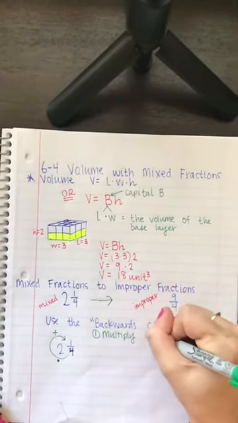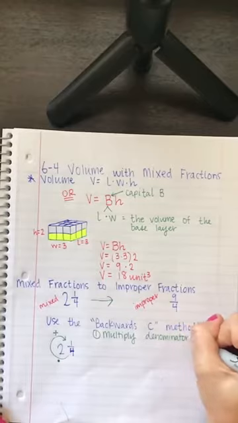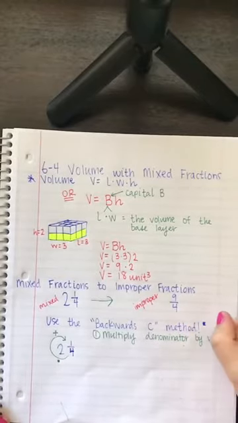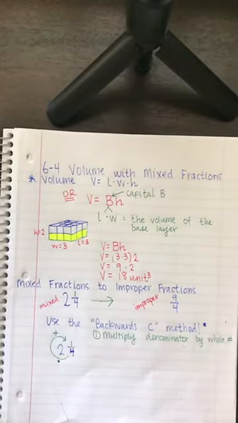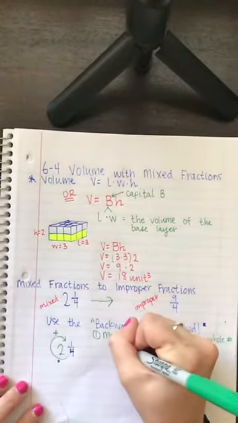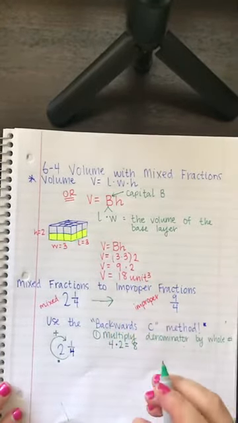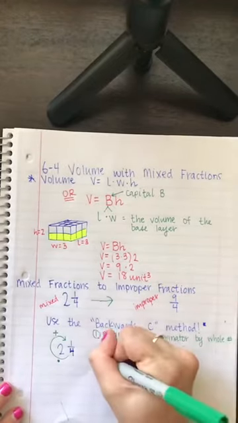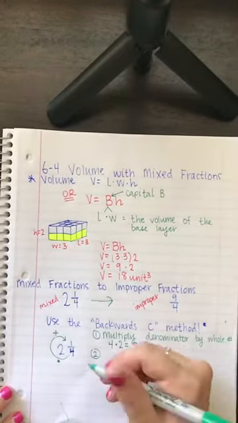Multiply denominator by the whole number. So that's 4 times 2. That equals 8.